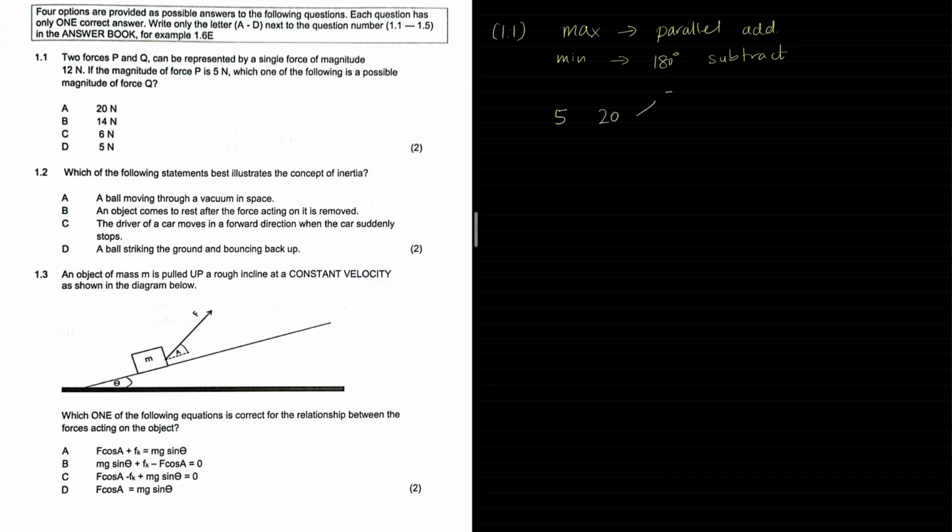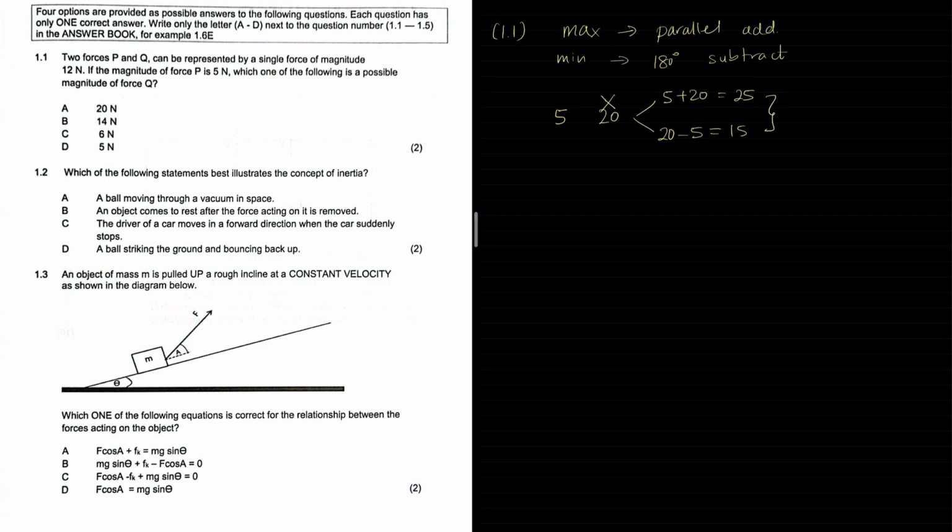The maximum will be 5 plus 20, which is 25. The minimum will be, and it doesn't matter which way you subtract it, let's just do 20 minus 5, 15. So anything between that range is possible. Now we are looking for 12. 12 is not within the range, so A is out.